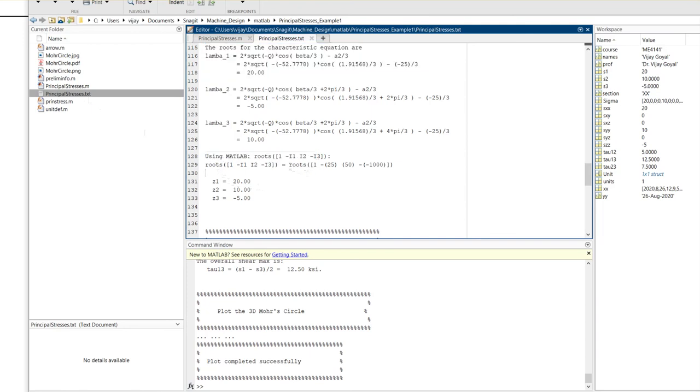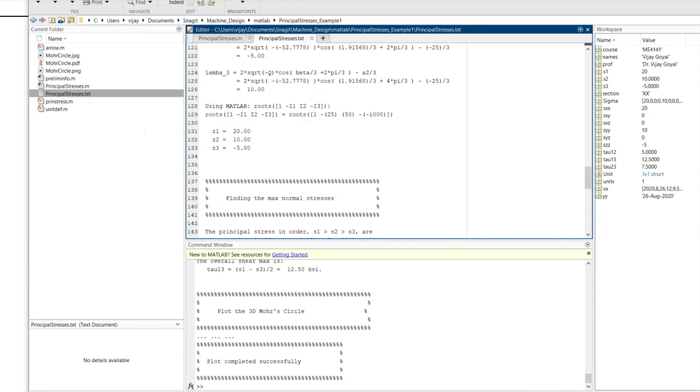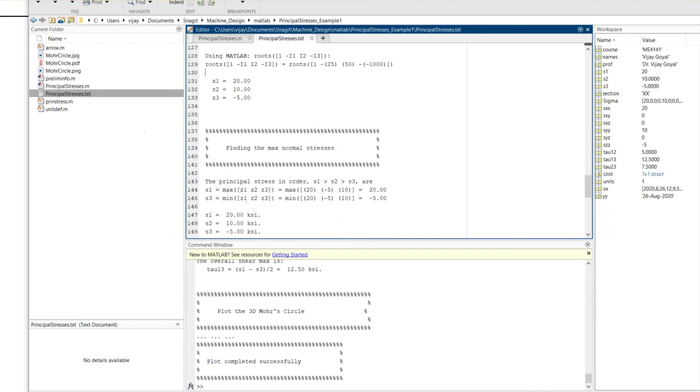So basically write roots, square bracket 1, minus 25, 50, minus 1,000. You may be asking why I always have a parenthesis. Nothing particular, this is just generic code. Whenever there's a minus sign and I don't put parentheses, you get minus minus, which gets a bit confusing. So Z1, Z2, Z3 is also given as follows. Then the principal stress S1 is the maximum of these values, which is 20.